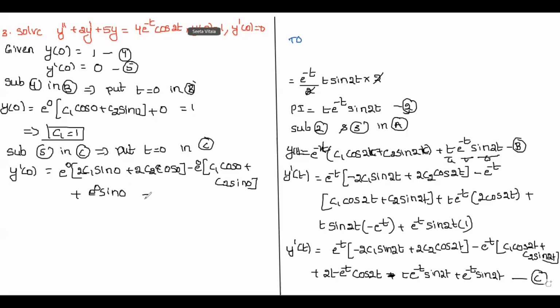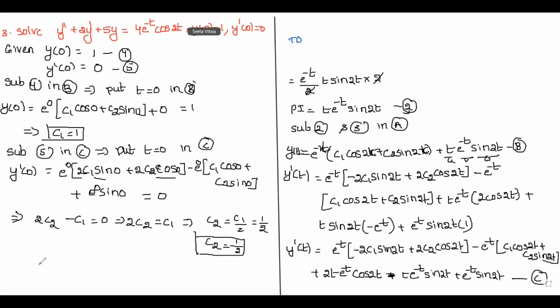So this is equal to 0. So from this, since sin 0 is equal to 0 and cos 0 is equal to 1, it becomes 2c2 minus c1 is equal to 0. So this implies 2c2 is equal to c1. Implies c2 is equal to c1 by 2, which is equal to 1 by 2. So therefore our c2 value is equal to 1 by 2.